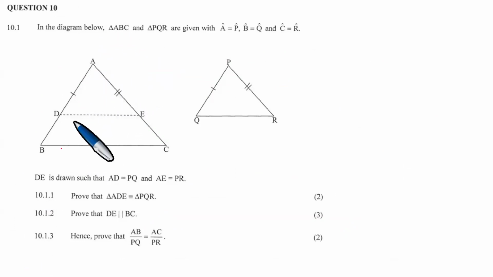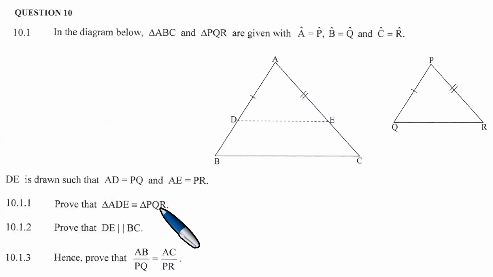In the diagram below, triangle ABC and triangle PQR are given with angle A equals angle P, angle B equals angle Q, and angle C equals angle R. DE is drawn such that AD equals PQ and AE equals PR.